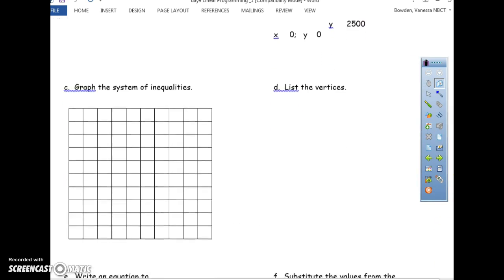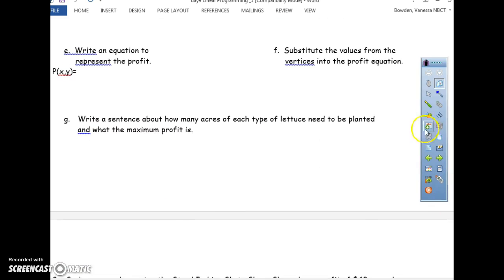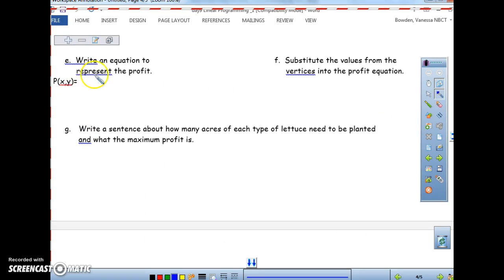So here in letter E, our profit equation is 200x plus 250y. Remember, x is iceberg, y is romaine. We're going to take each one of those corner points and put it into that equation.